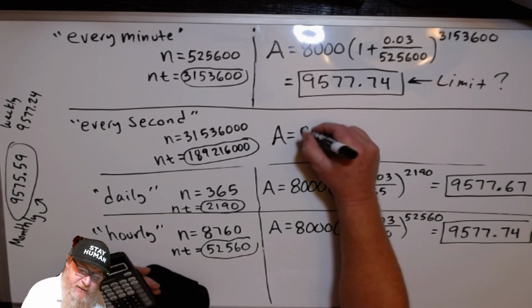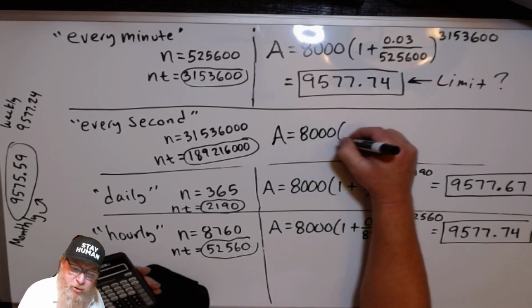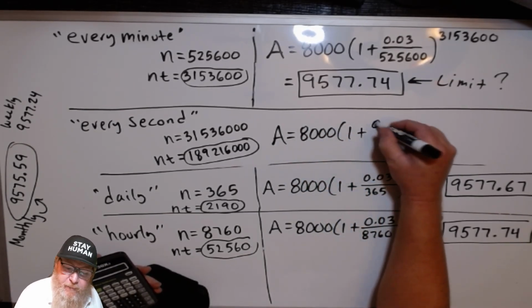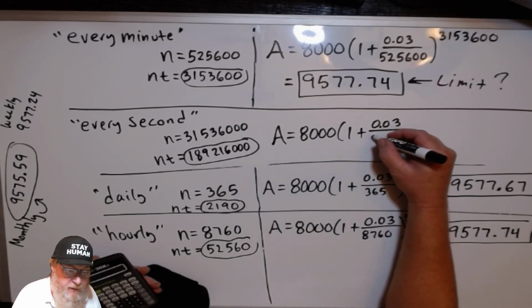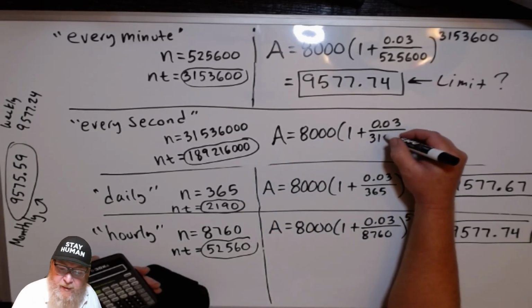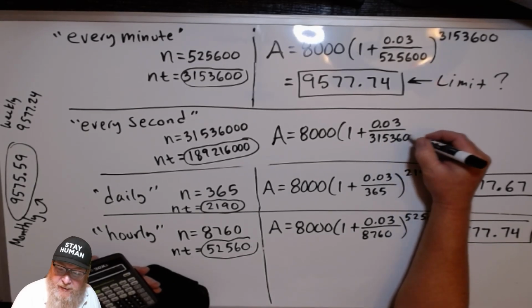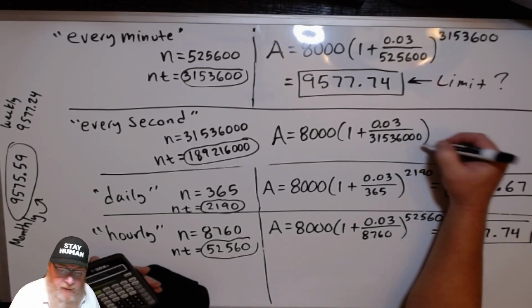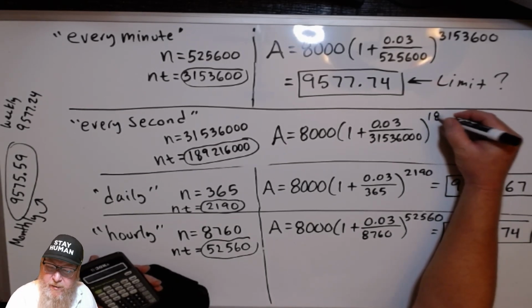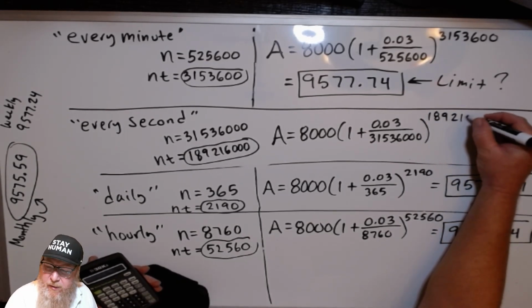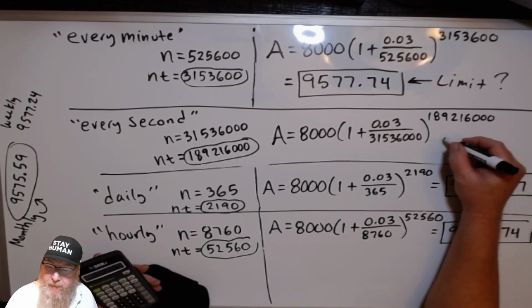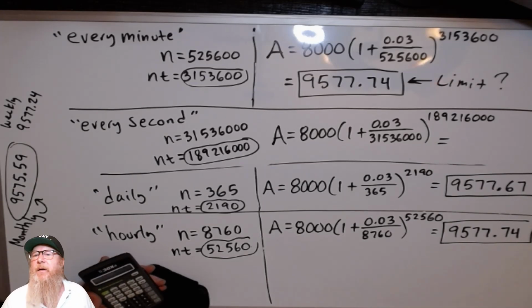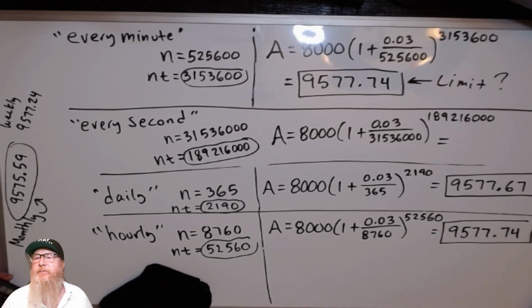This is the last squeeze to try to find the limit. 3% still fixed rate. Changing the compounding to 31,536,000 seconds. And I'm raising it to the 189,216,000th power. All right, let's see what we get.